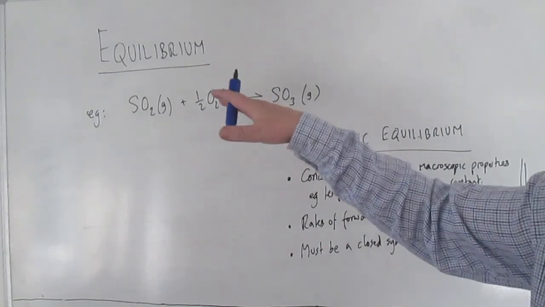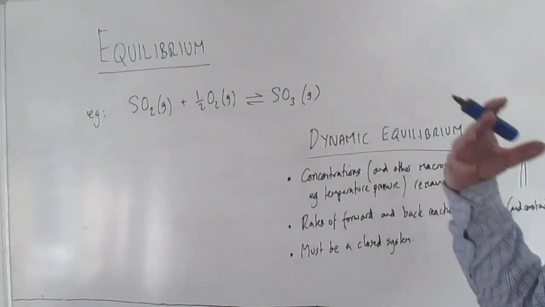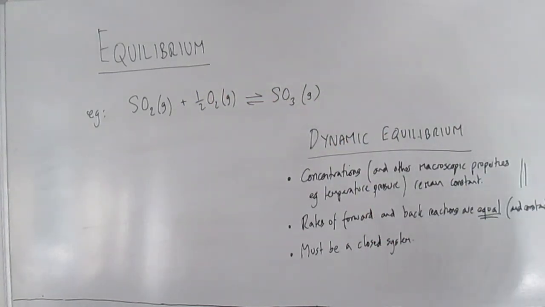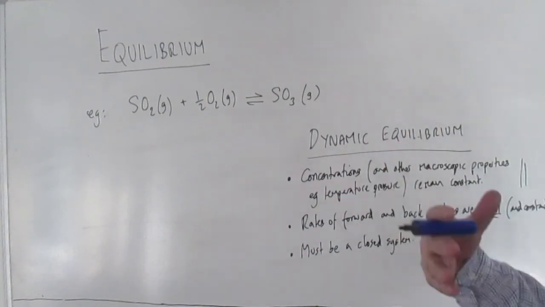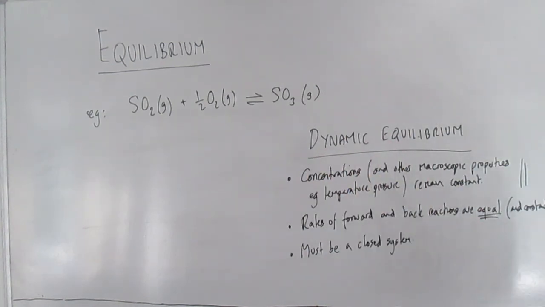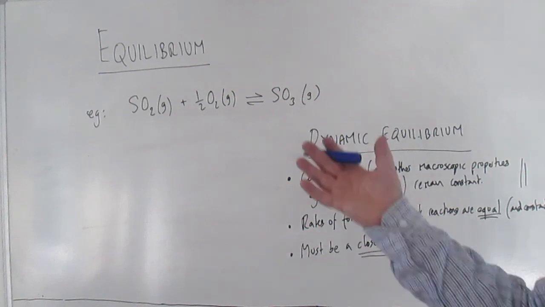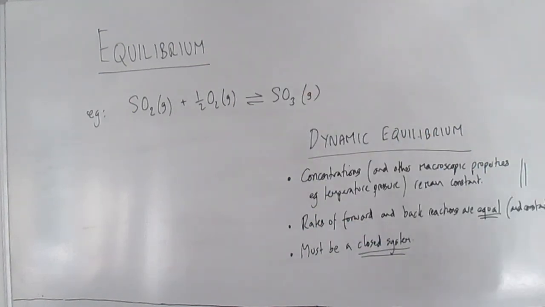So you can't take away any of the substances or add in extra of any of the substances, or indeed allow extra heat to be put in or whatever. Once you've reached equilibrium, it's got to stay constant. So a closed system is very important. As soon as you have a leak and you allow stuff to escape or you allow extra stuff in, it's likely to disturb the equilibrium.